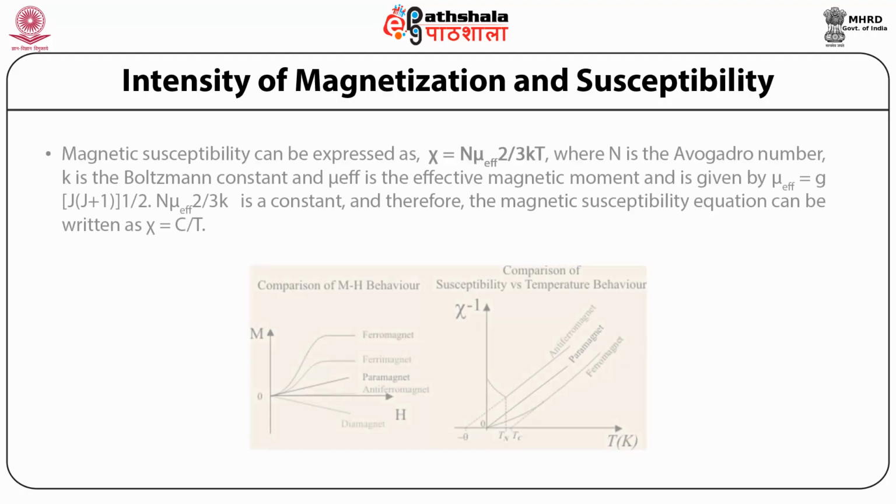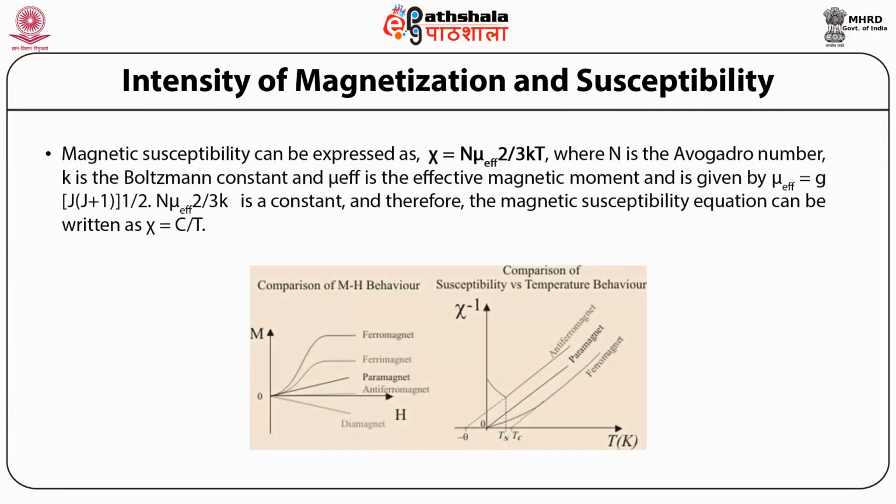As you know, the magnetic susceptibility can be expressed as chi equal to N mu effective squared by 3kT, where capital N is the Avogadro number, k is the Boltzmann constant, and mu effective is the effective magnetic moment and is given by mu effective equal to g [J(J+1)]^1/2.